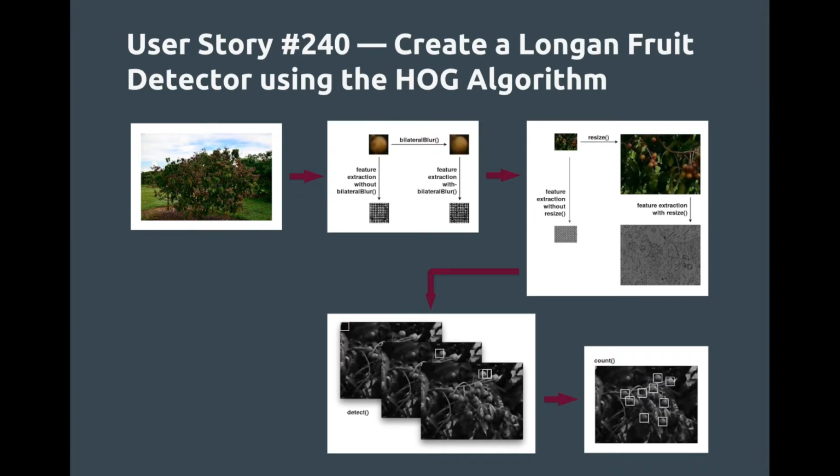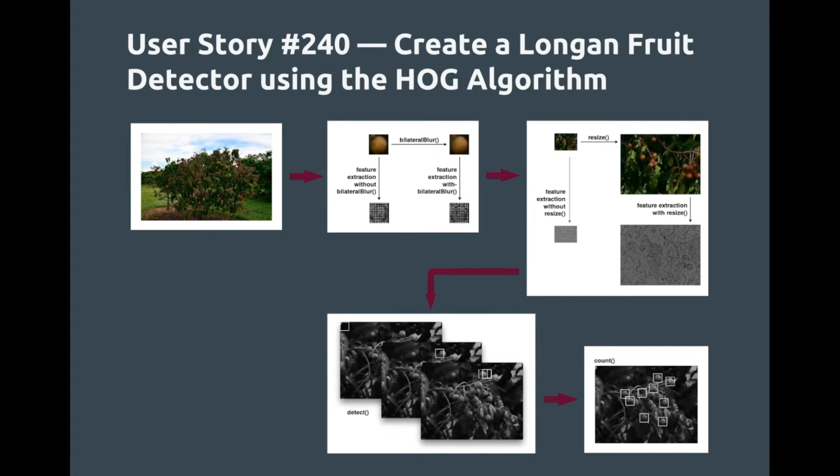So edges are preserved. In the top right graphic, we show a scaling of the input image. And the reason why scaling is necessary is because if the object that we intend to detect covers too few pixels, if it's too small, then it will not be possible to detect the texture associated with that object.